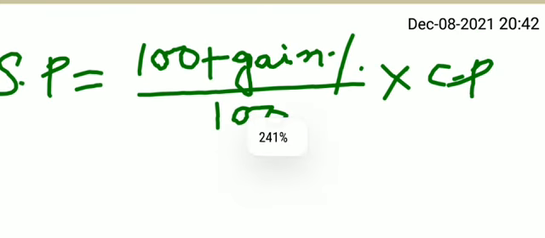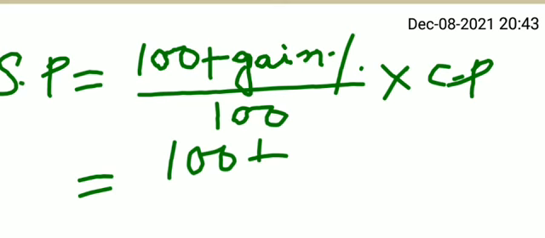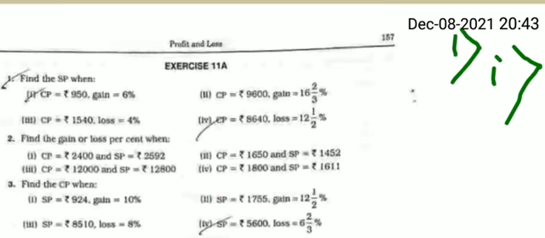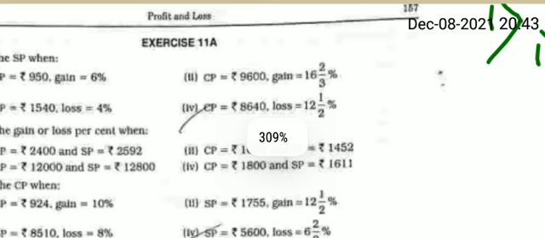So here you can write 100 plus, students, here gain percent is given, 6%, and cost price is given, 950.